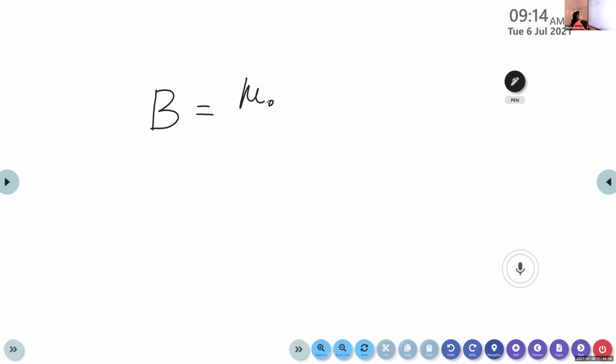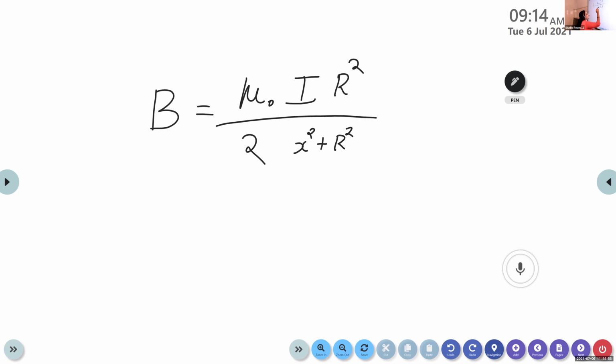Very good. So by Biot-Savart's law, the magnetic field produced at the point P by the entire circular loop is given by mu 0 I r square divided by 2 into x square plus r square, the whole raised to 3 by 2.